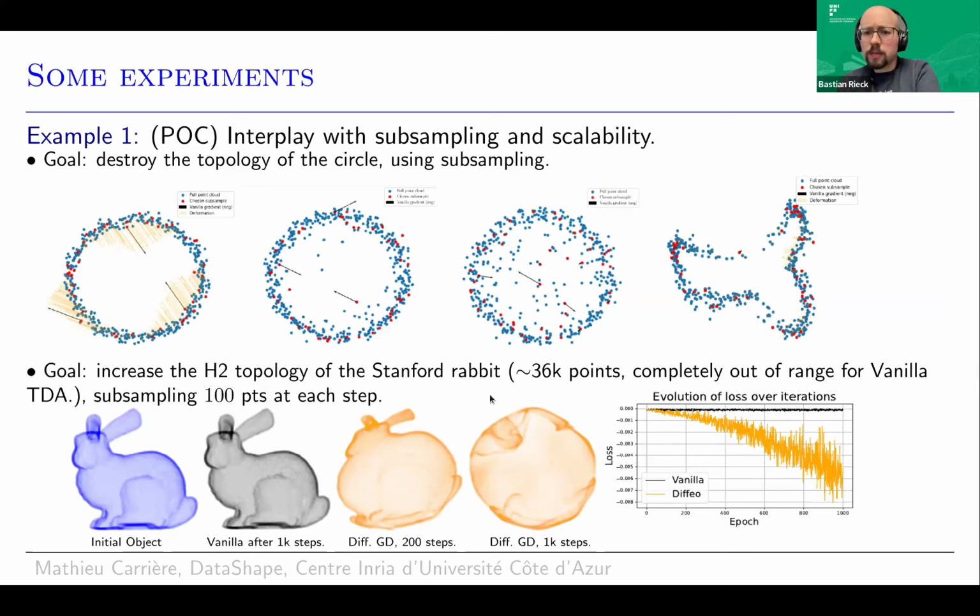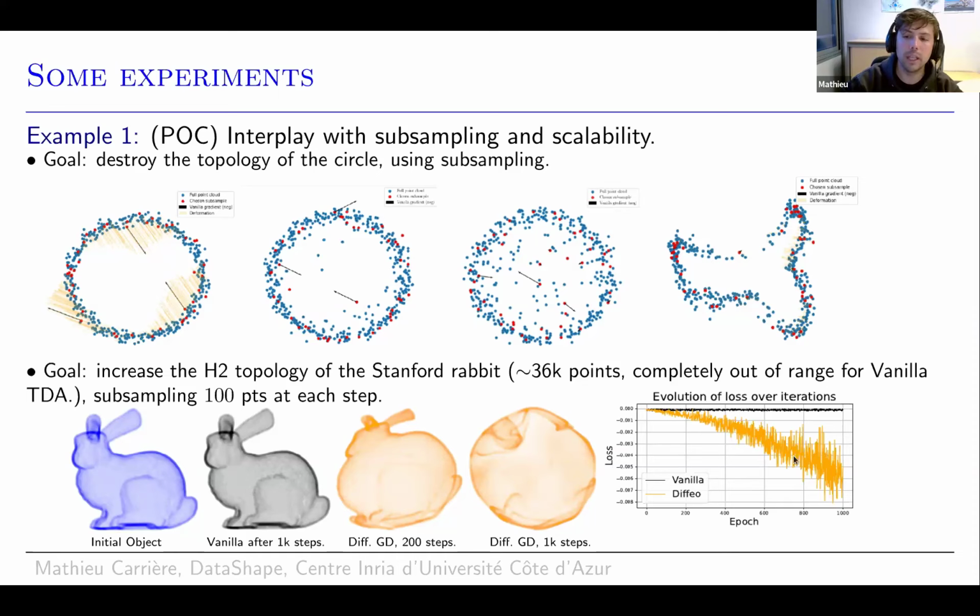But then extending it wasn't too hard because the subsampling was small, which allows us to treat really dense point clouds. Again, at the price of a little more erratic behavior.